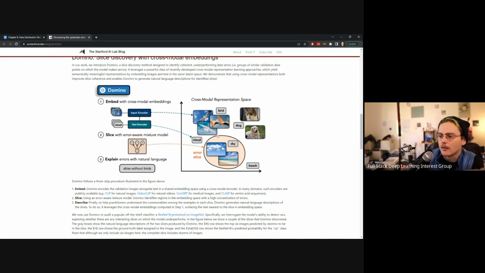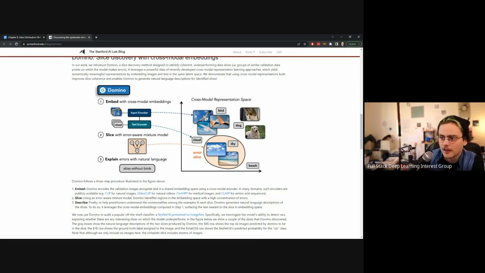So if you find that your model does well on lots of types of images, but not a certain area of this cross-modal representation space, this model is able to say your errors are coming from this particular region, and not just, here's an embedding vector that's the centroid of this region of representation space. It actually explains the errors with natural language using this natural language decoding.